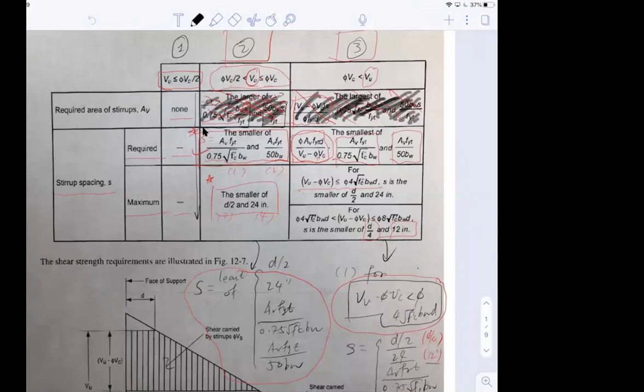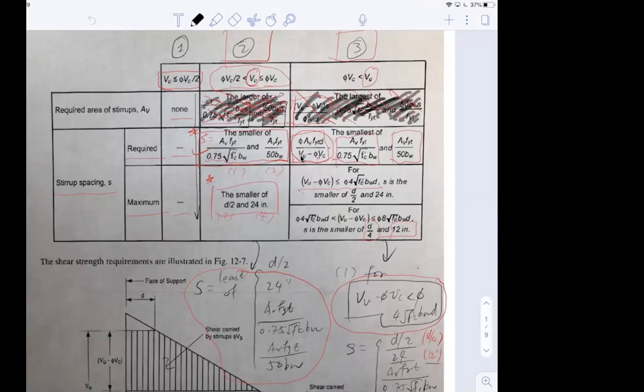Okay, so in a sense, if you're talking about the minimum reinforcement area using this, then you need to know Vu. Well, in this case, since this is between Vc and half Vc, you don't need Vu. But when Vu is bigger than Vc, you need Vu, right? Because this equation has Vu in it.